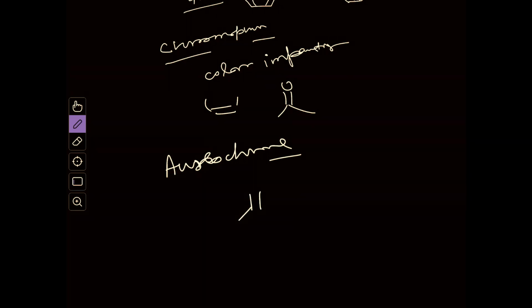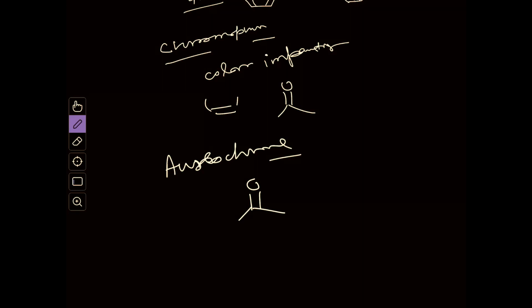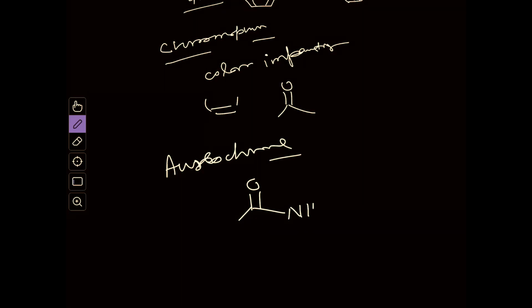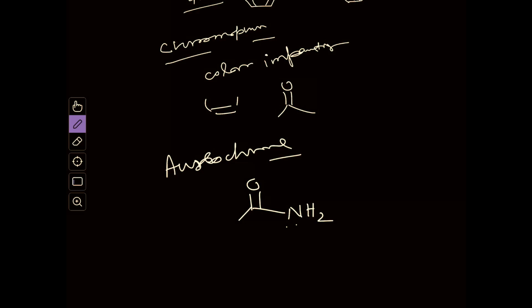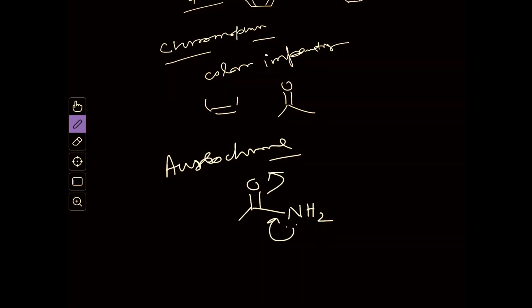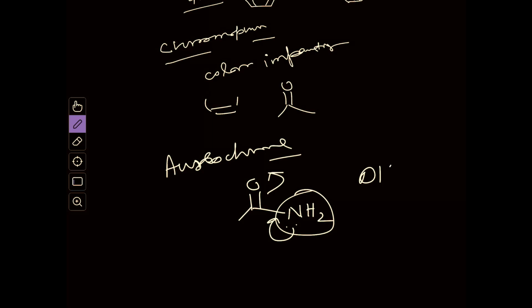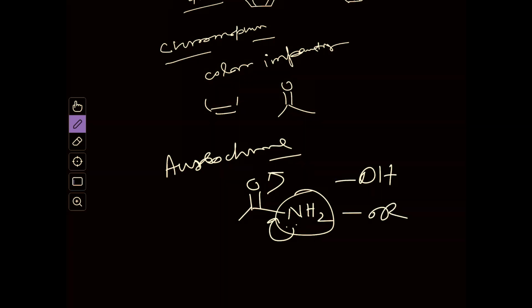For example, if this carbonyl chromophore is attached to a group like NH2, because nitrogen has a lone pair, there will be a conjugation and it will modify the absorption power of the carbonyl group. So this NH2 group is called an oxochrome. Similarly, OH group, OR group, all these groups are called oxochromes. So they are auxiliary groups. They modify the light absorption power of a chromophore, but by themselves they are not light absorbing.